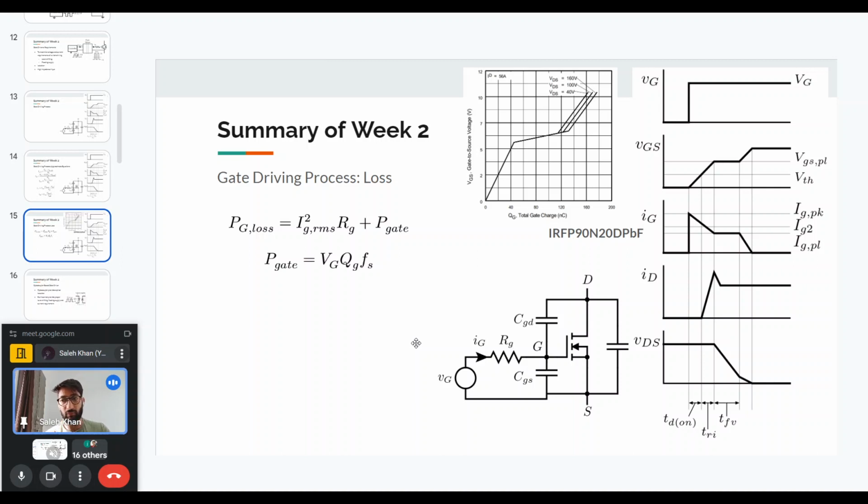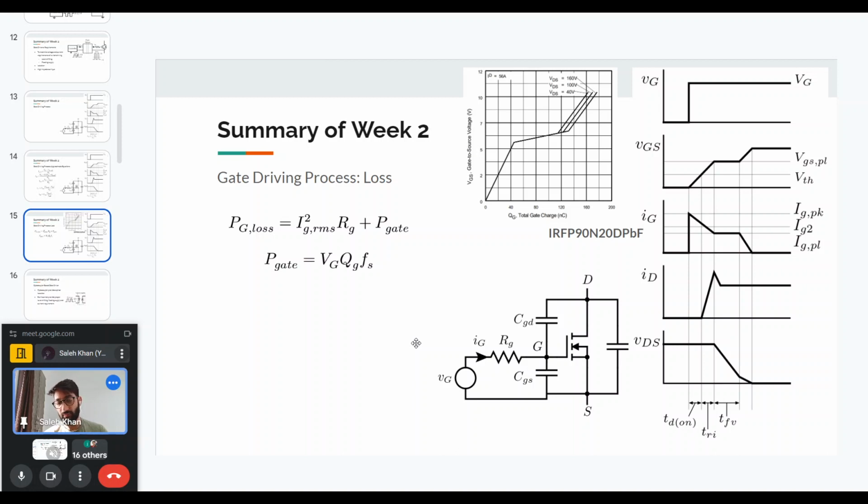For example, if from the data sheet you get the total time for the on time and off time as, let's say, 100 nanoseconds, and you're switching at, let's say, 100 kilohertz, which is 10 microseconds full time, then you can give even two times the data sheet values. If you give 200 nanoseconds, that will be a safe value.